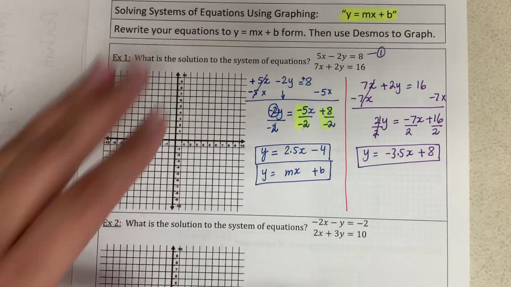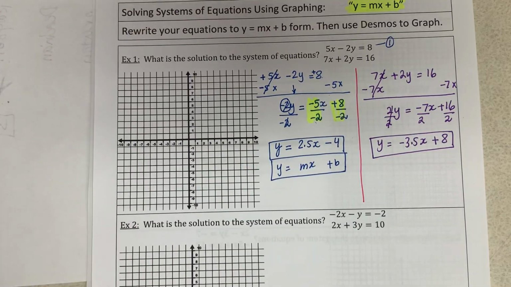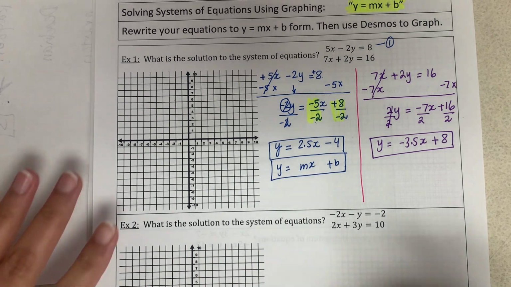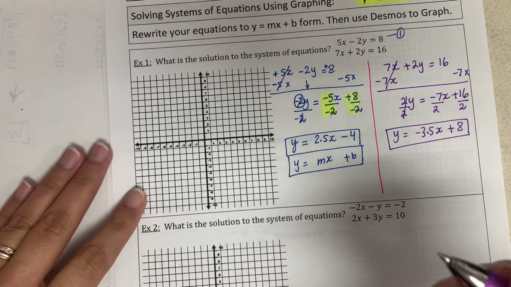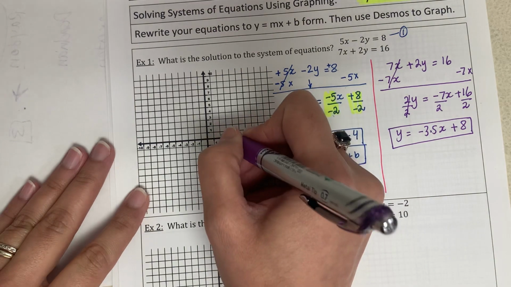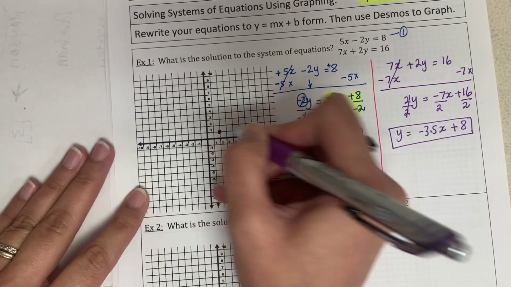Next step, all you have to do is put both of these in the calculator and then see what your answer is. So let me type that in. I graphed it and I got the solution, which is 2,1. It's over here.